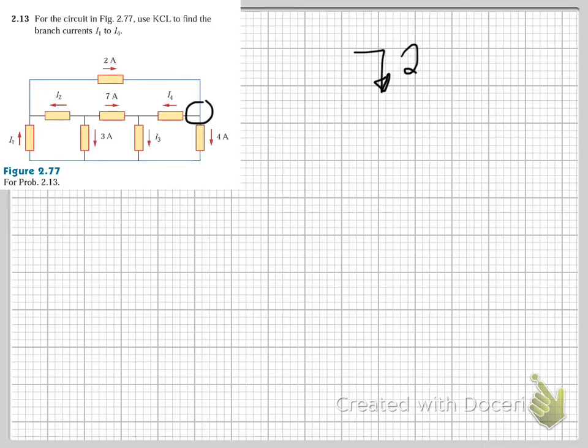So we've got a 2 amp coming in there. You have I4 there. And you've got 4 amp coming in there, right?